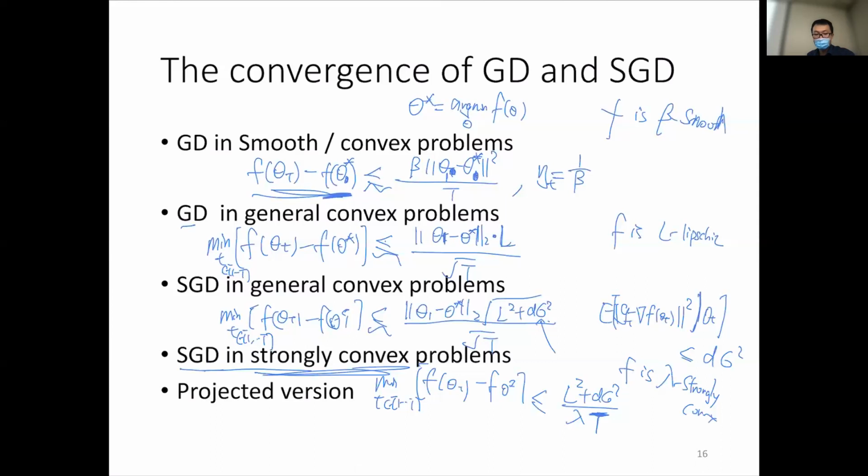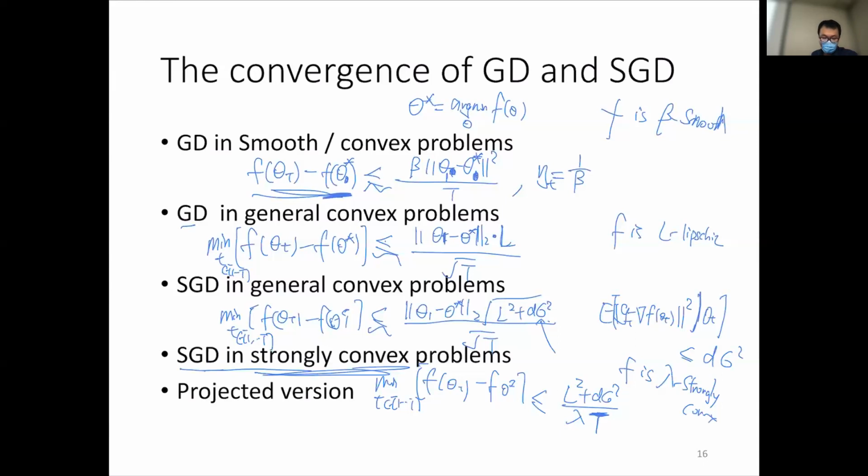There are other methods very similar to gradient descent that will converge at a rate of 1 over t squared. Those are the so-called accelerated algorithms. There are a lot of things that we know about how these algorithms work.